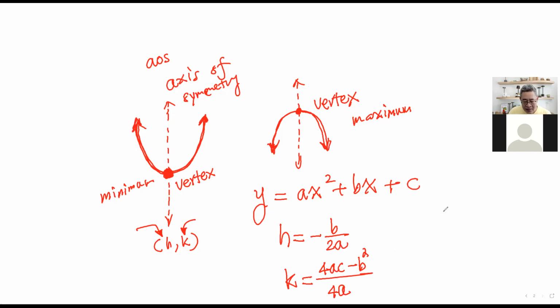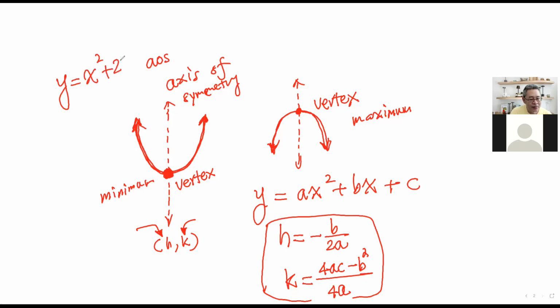And okay, so if we know the function, we know the A and B and C, then we'll be able to calculate the vertex point. Like, for example, if this one is y equals x squared plus 2x minus 3, then our A is 1, our B is 2, our C is -3.